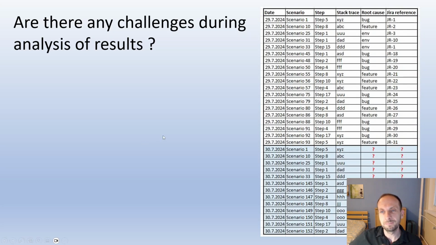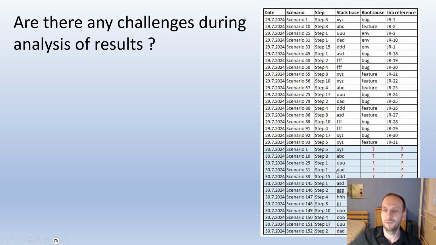So by this you can see that for example on the 29th of July you have some scenarios failing, and each scenario has some steps, some stack trace, and some reason. Either it's a bug, feature, environment, and some Jira reference. Okay, and the next day you have another set of scenarios and you don't know why they are failing.